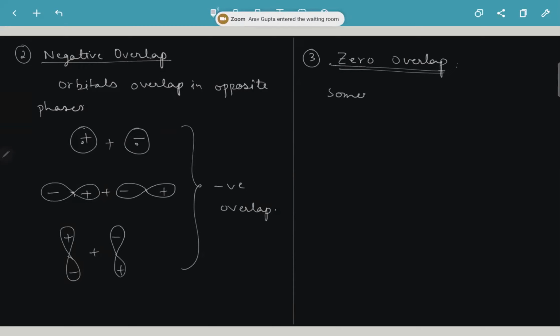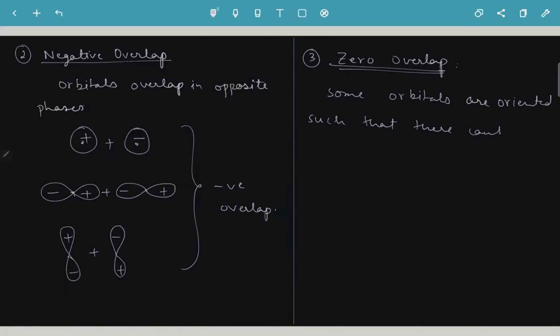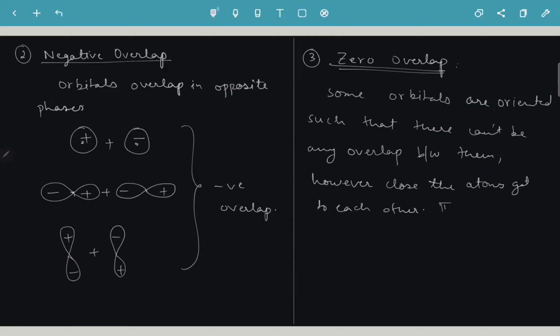In such a case, we say that it's a zero overlap.